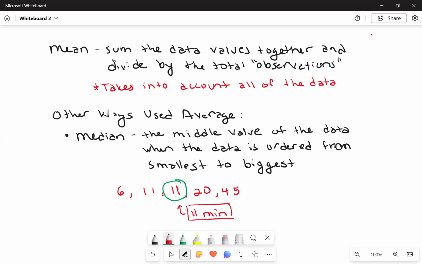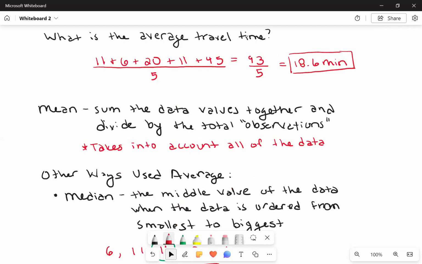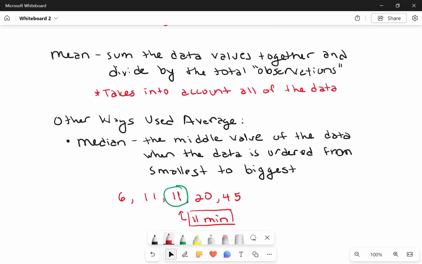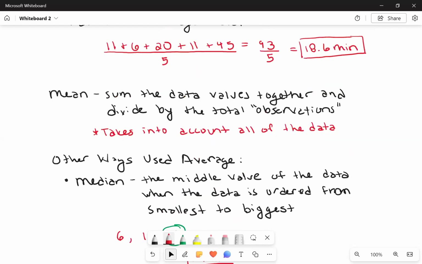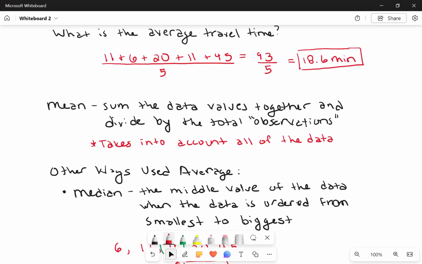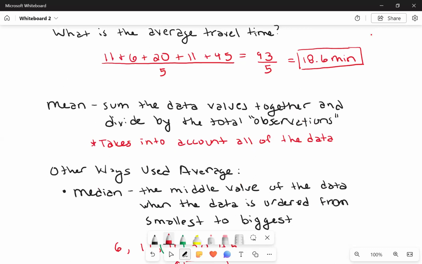Now I want to compare this result to what we just got for the mean. For the mean, we got 18.6 minutes. And for the median, we got 11 minutes. Here's why I think 18.6 minutes might be a little on the big side. Part of the reason is that 45 minutes that one student gave as their answer.